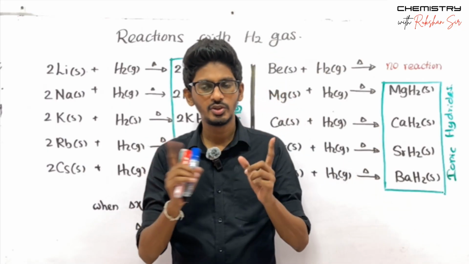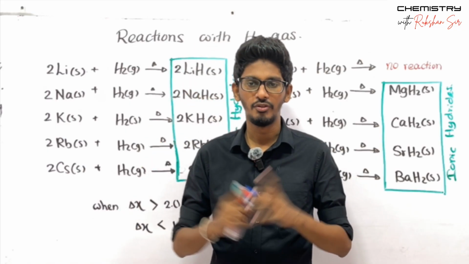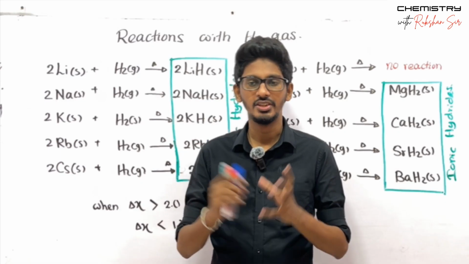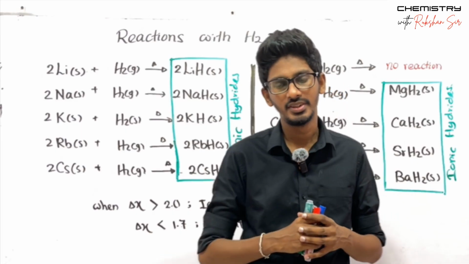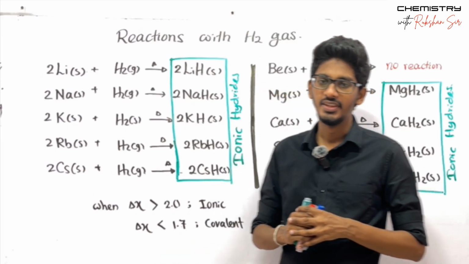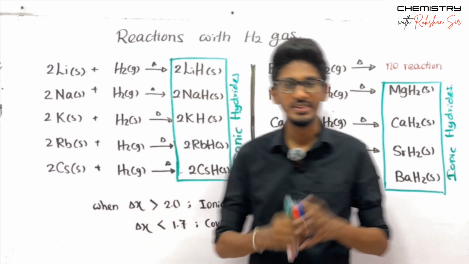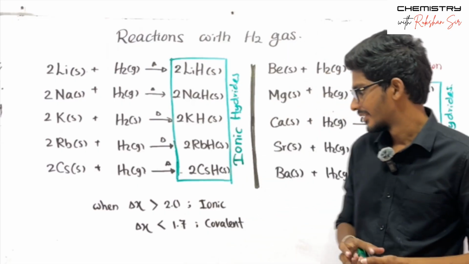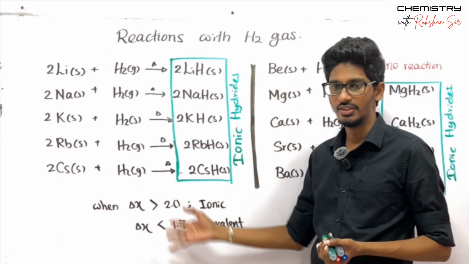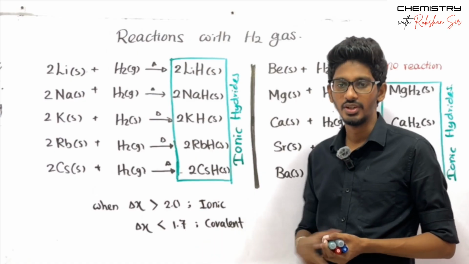So the greatest electronegativity difference for an s block hydride is 2.1 minus 0.7, that is 1.4. So if you apply this theory, it looks like the bond is covalent.